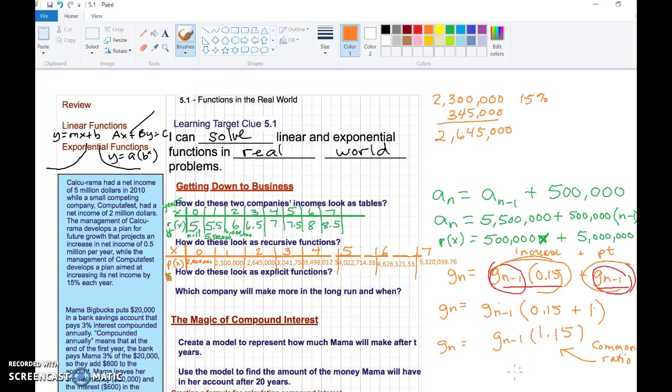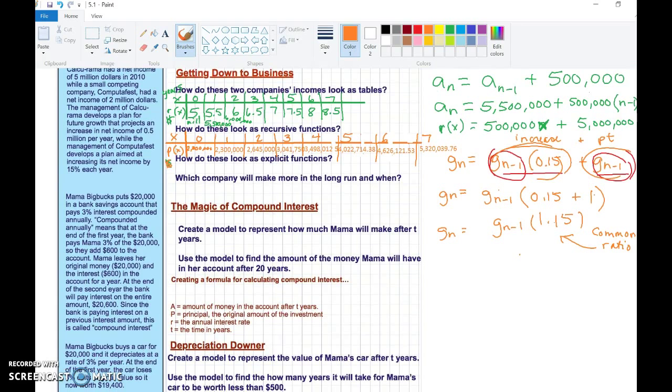Now, let's turn that into an explicit. And doing an explicit is a little trickier, but we can go ahead and say that g sub n is equal to my first term, which is 2,300,000, times my common ratio, which is 1.15 to the n minus 1 power.